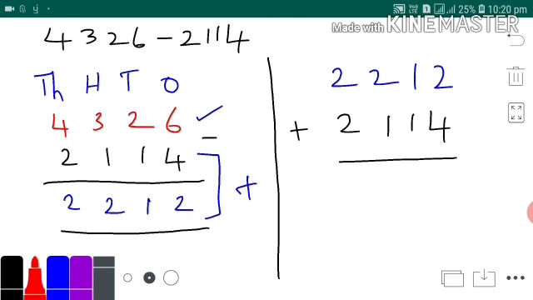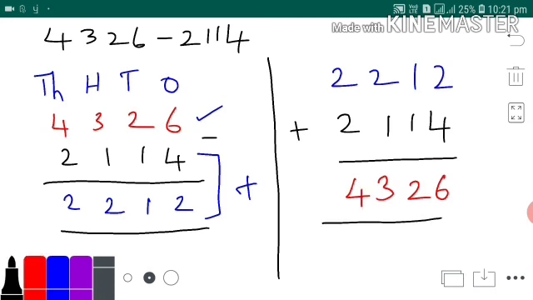Let us add. 2 plus 4 is 6. 1 plus 1 is 2. 2 plus 1 is 3. 2 plus 2 is 4. So are we getting the bigger number? Yes. So when you add the difference and the smaller number, if you get the bigger number, then we can say that our subtraction is right.